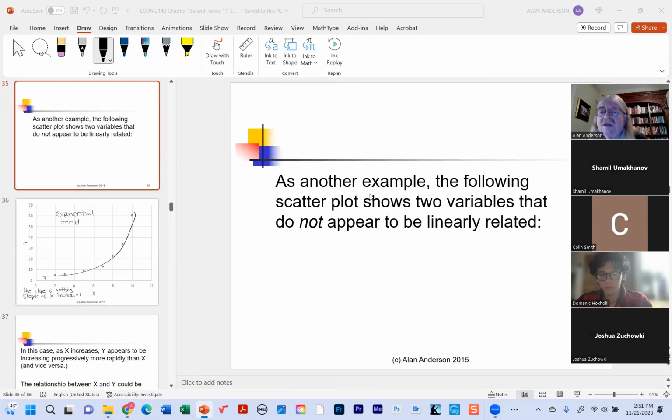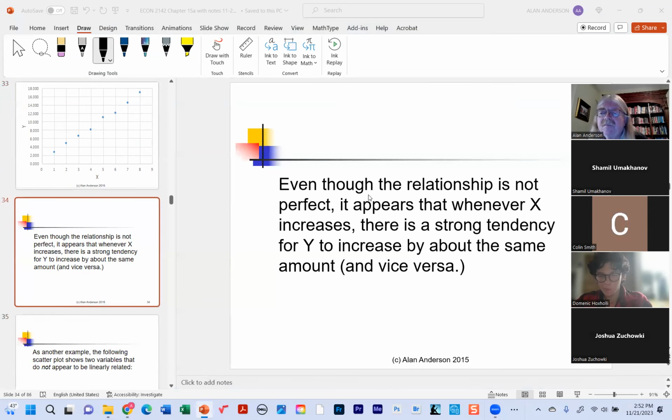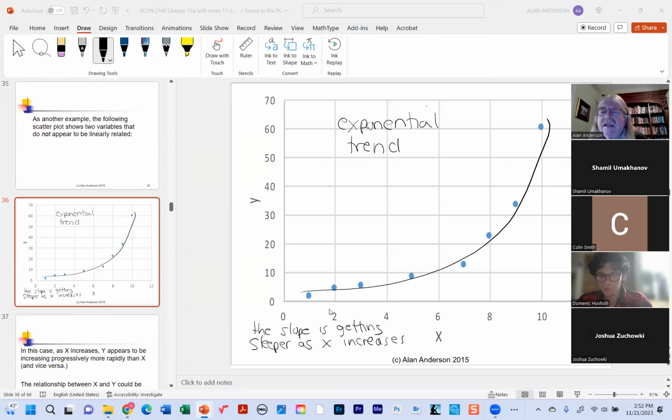The slope of a straight line never changes. The slope of this one, as x goes up, the slope is getting steeper. So this is sometimes called an exponential trend. And in fact, if you were to leave money in the bank, let's say, and never touch it, this would describe the balance in your bank account over the years, because in the early years it grows fairly slowly, and then as the interest starts to pile up, it grows much more quickly.